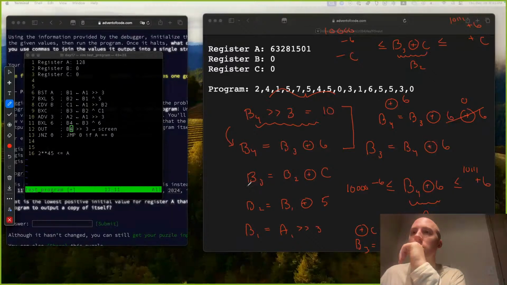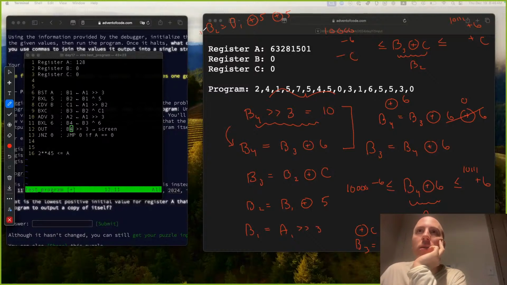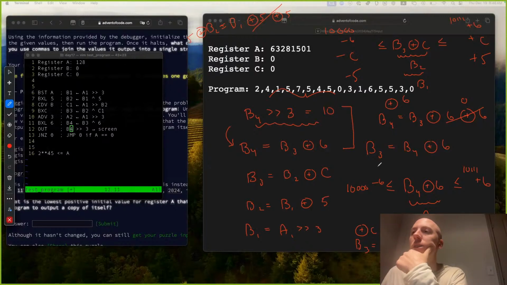So now we have B2. Now let's get B1. B2 is equal to B1 XORed with 5, so let's XOR both sides with 5. So we get B1 is equal to B2 XORed with 5. So you now have B1 less than or equal to this minus 5 and plus 5 on that side.